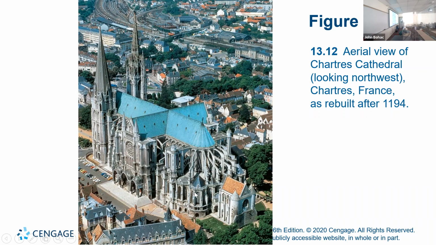They can go higher. And they have an interesting idea about symmetry. That one side looks like the other. And you see the towers. You also see the cross shape. That is Gothic cathedrals. And you see the ornamentation has exploded.